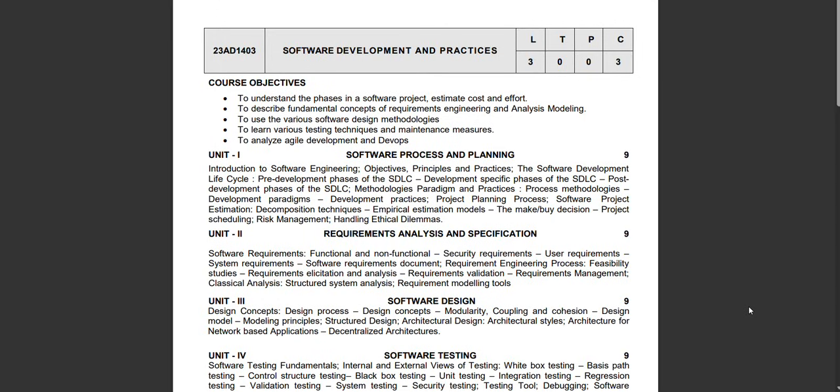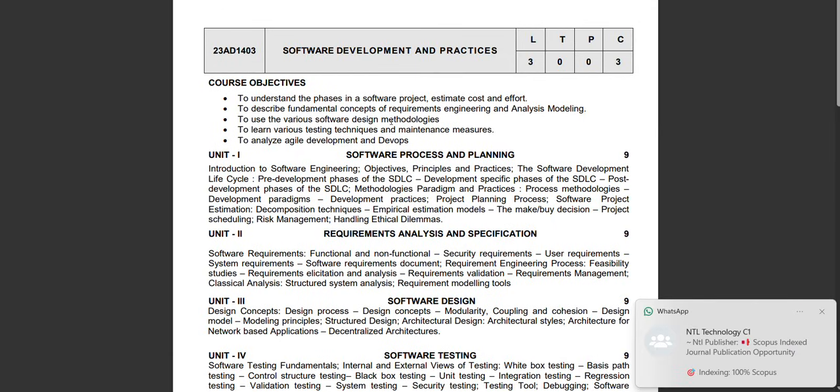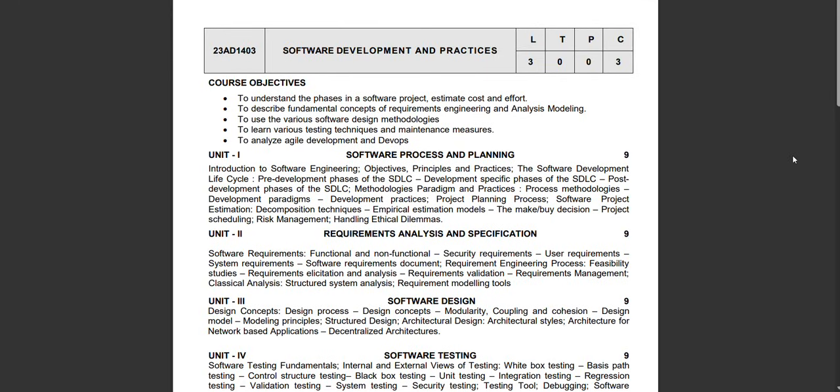And the fifth one: to analyze agile development and DevOps. Once you have implemented the software testing of the project, it should be put on a server.